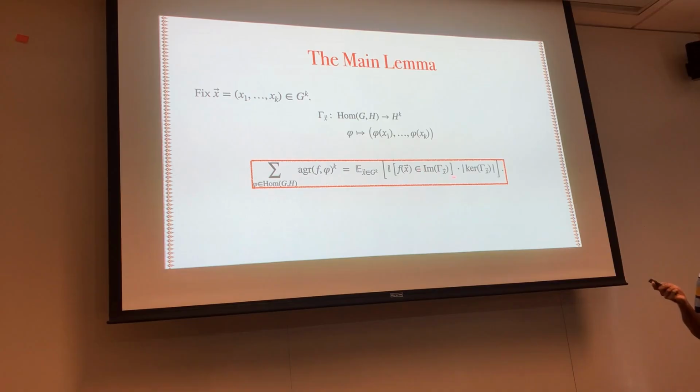But now when you stare at the right hand side and interpret it as a test, what it says is that you sample an element with weight given by the kernel of gamma_x, and then check this condition. If you do that, once you take the normalization constant out, this is what you get. It's just the sum over all x of the kernel of gamma_x, which is just a constant depending on the group.